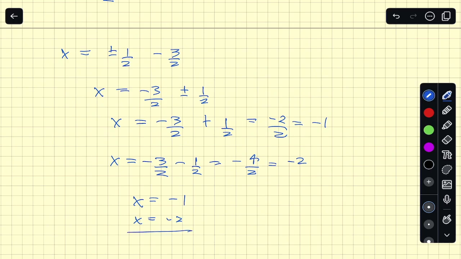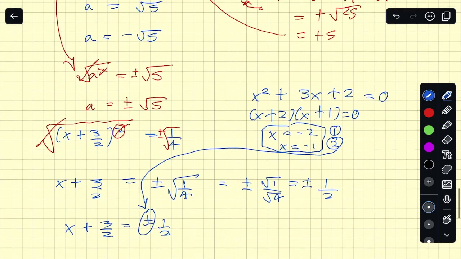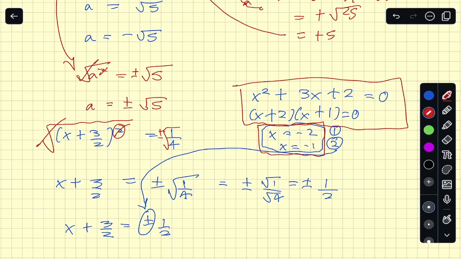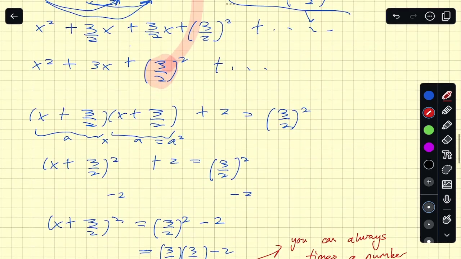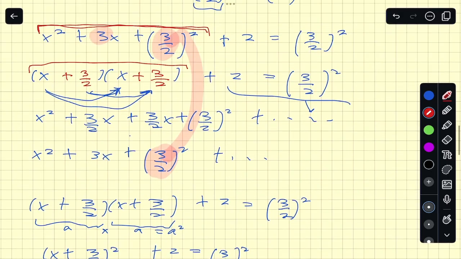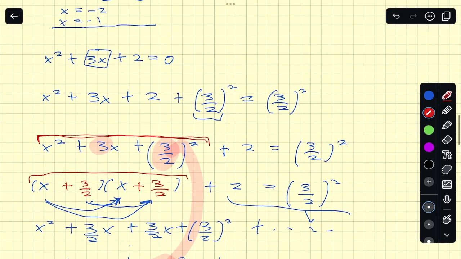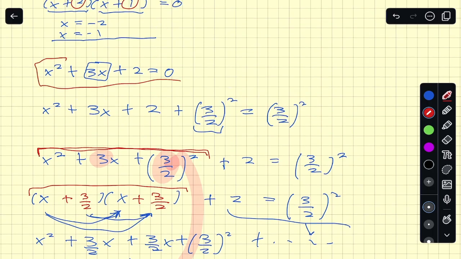Cool. These two, x equals minus 1 and x equals minus 2, if I scroll up, same thing here from our factorization method. Same thing, minus 2, minus 1. So completing the square, I'll highlight the main steps. You have a quadratic of some kind.